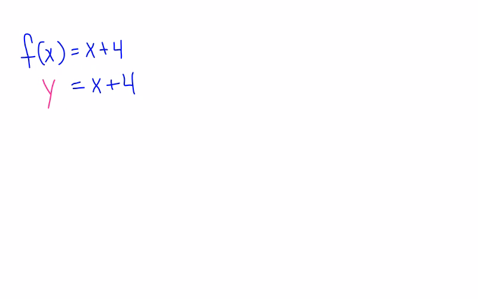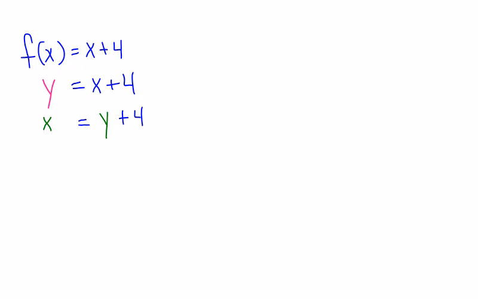The next thing I'm going to do is swap the x and the y. So wherever there was an x before, I'm going to put a y, and wherever there was a y before, I'm going to put an x. So I'm going to make this x, and then I'm going to make this x, y. Then I'm going to bring everything else down as it was before.